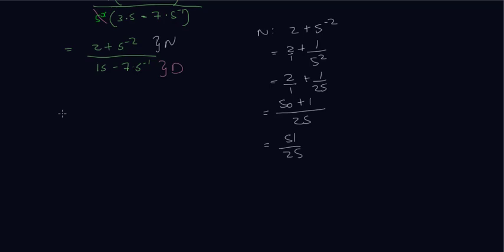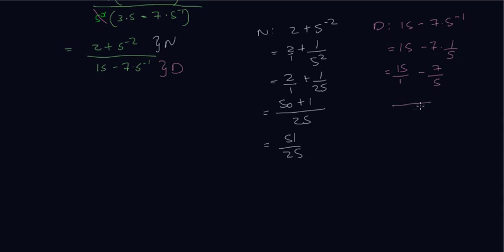That is for our numerator. And then when it comes to our denominator, it is 15 minus 7 times 5 to the minus 1. So here we must remove the negative exponent, it's 15 minus 7 times 1 over 5. So we know 15 is 15 over 1, minus 7 times 1, that's 7 over 5.